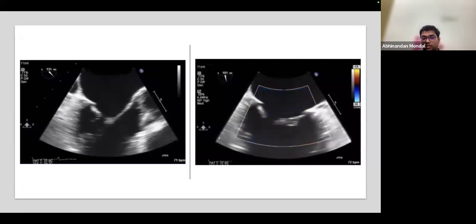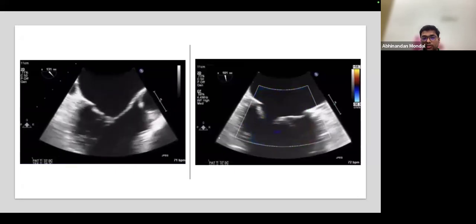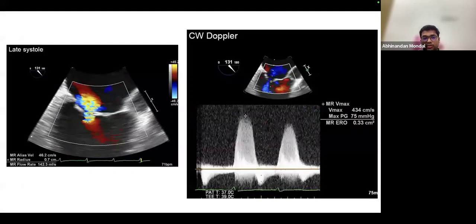Now let us see. Now its MR radius is 0.7 and your MR Vmax is 434. So MR ERO has come 0.33. So this is a severe secondary MR that you are dealing with.